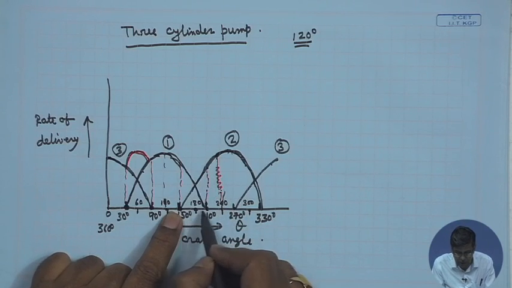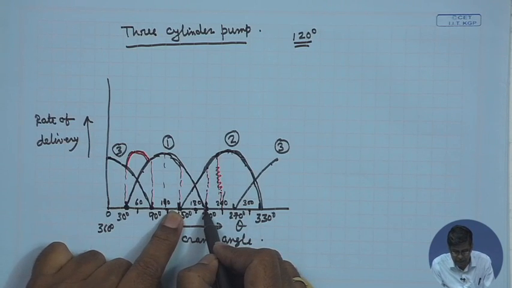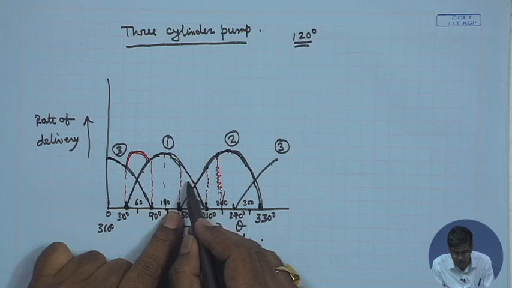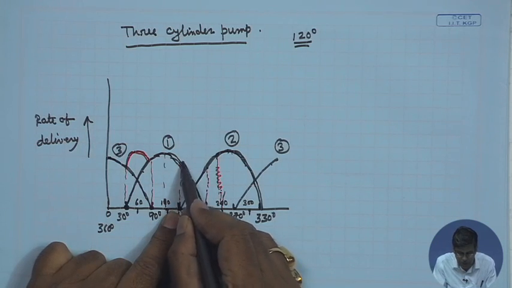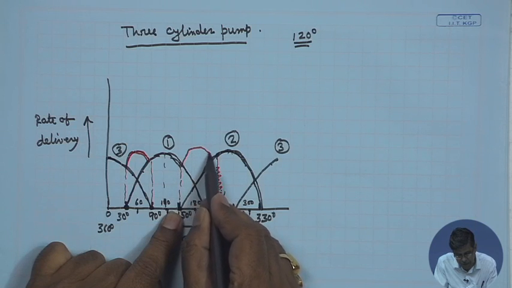So, in between this crank angle, the net discharge will be the sum of the discharge from cylinder 1 and cylinder 2, and if you add this, this will be like this.